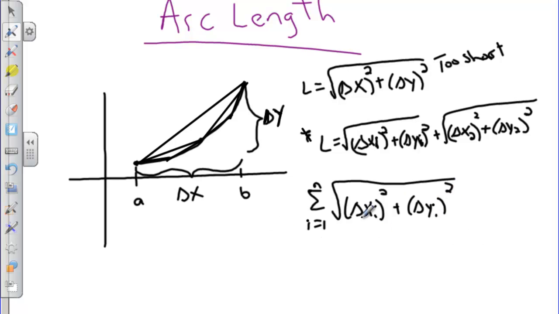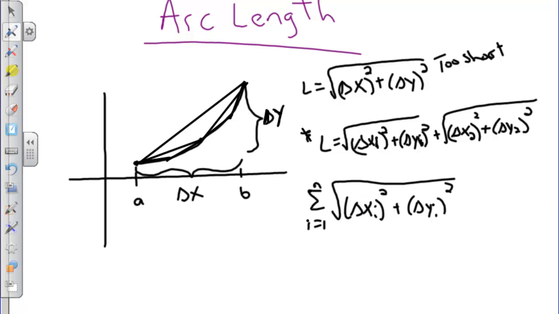So I would add all these up, and this is starting to look like a Riemann sum. If I wanted this to be a Riemann sum, I'd want to make n go to infinity, but I'm missing something. With a Riemann sum, we typically have a delta x out on the outside of some function height. So what I can do is factor out a delta x sub i squared.